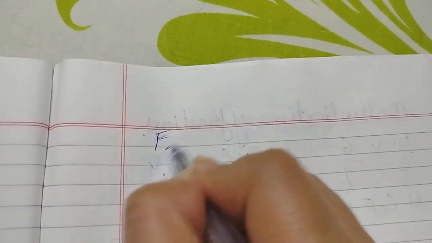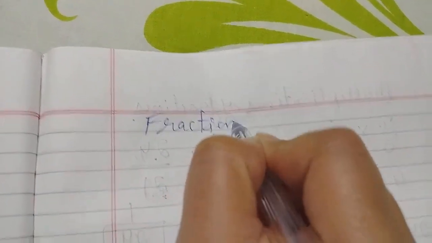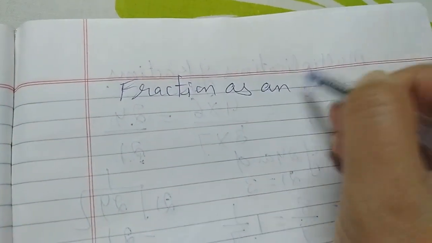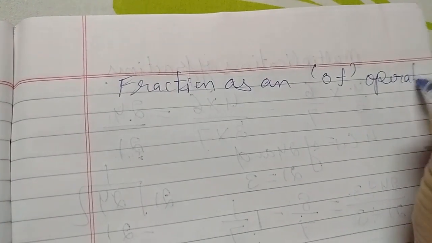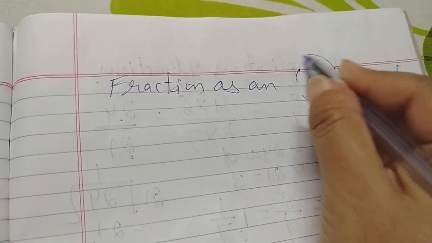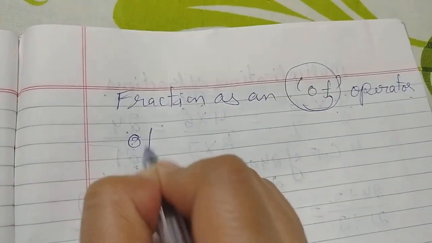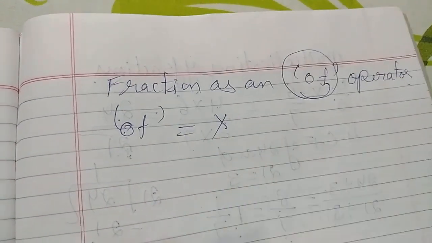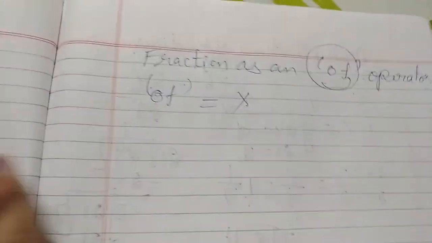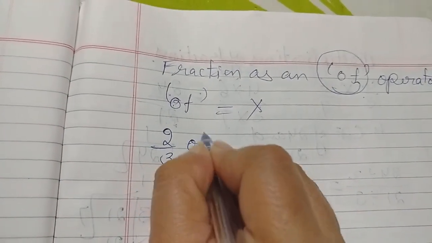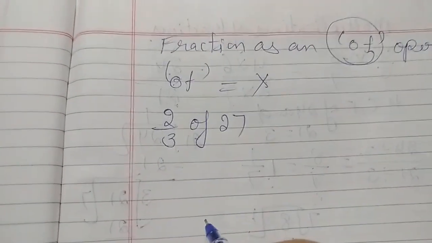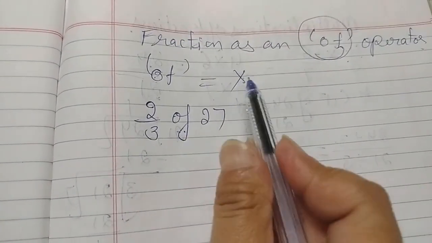If I have another operator, fraction 'of' fraction. So what is the meaning of this 'of' operator? 'Of' operator means multiply. You are going to multiply the two numbers. If I have a question like 2 by 3 of 27, this 'of' means multiply.